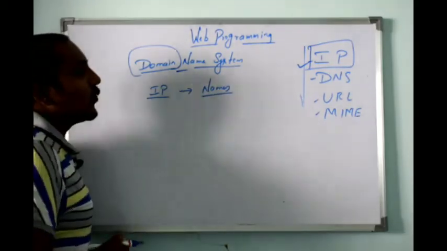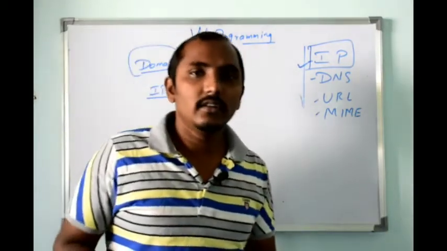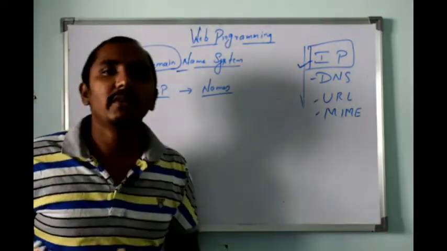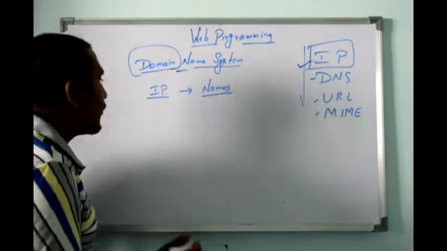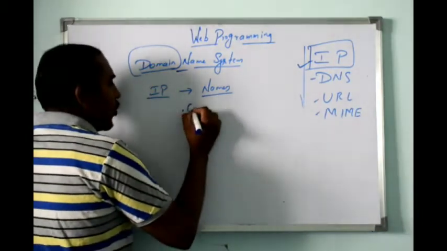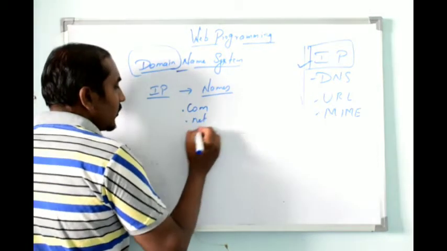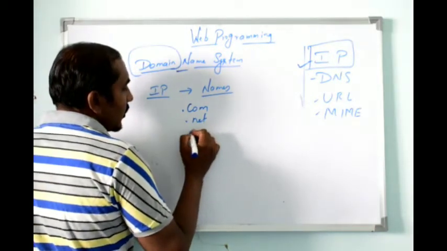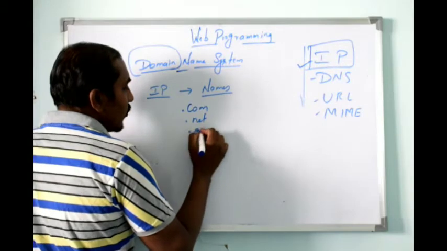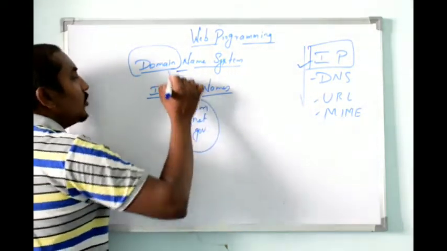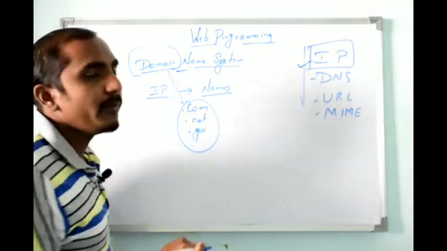We have some groups of domains that can represent one particular IP address or a set of IP addresses. For example, .com, which is commonly used, .net, and others like .gov, which is government based. These are called domains.